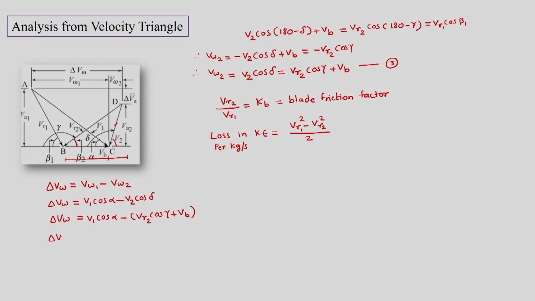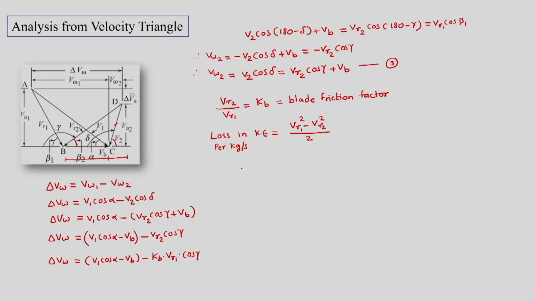So we have delta VW is equal to V1 cos alpha minus VB, we will make a bracket to this, minus VR2 cos of gamma. But considering the blade friction coefficient, we can write delta VW is equal to V1 cos alpha minus VB minus KB into VR1 into cos of gamma.